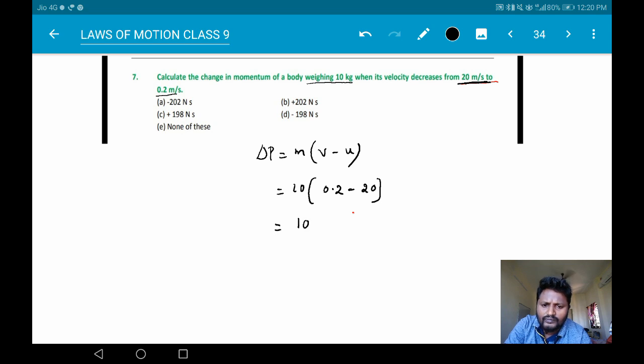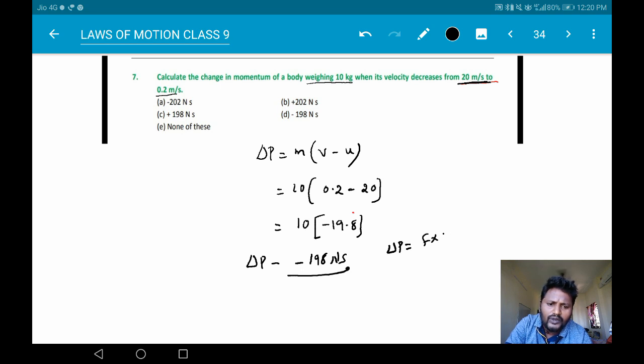So 10 into this value, which is minus 19.8, therefore minus 198 Newton second. Because they are expressing in terms of momentum, force into interaction time, therefore Newton second is the unit of the momentum. In this way also we can write the unit of the momentum.